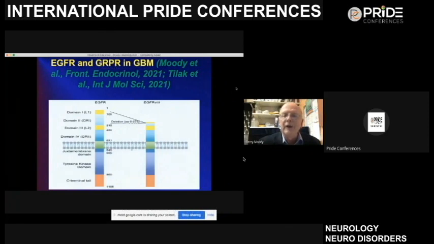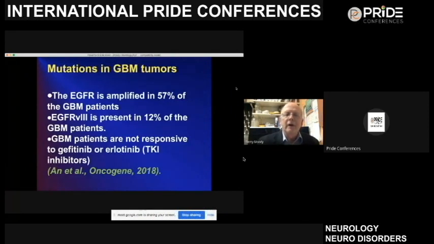And we see that for the EGF receptor, there's a variant 3, which lacks over 260 amino acids in the extracellular domain. Hence, it doesn't coordinate EGF with high affinity. And secondly, it can't really form heterodimers because of the lack of domain 2. I think one of the EGF receptors is amplified in 57% of patients.